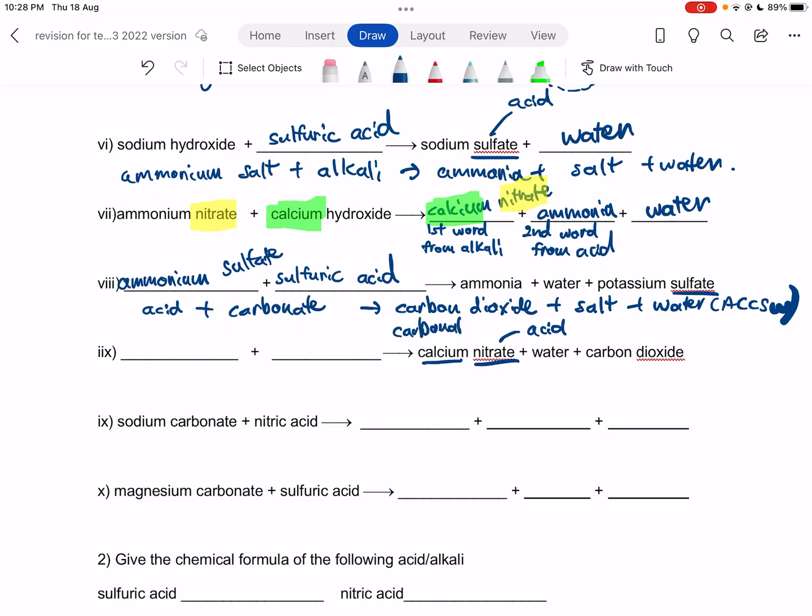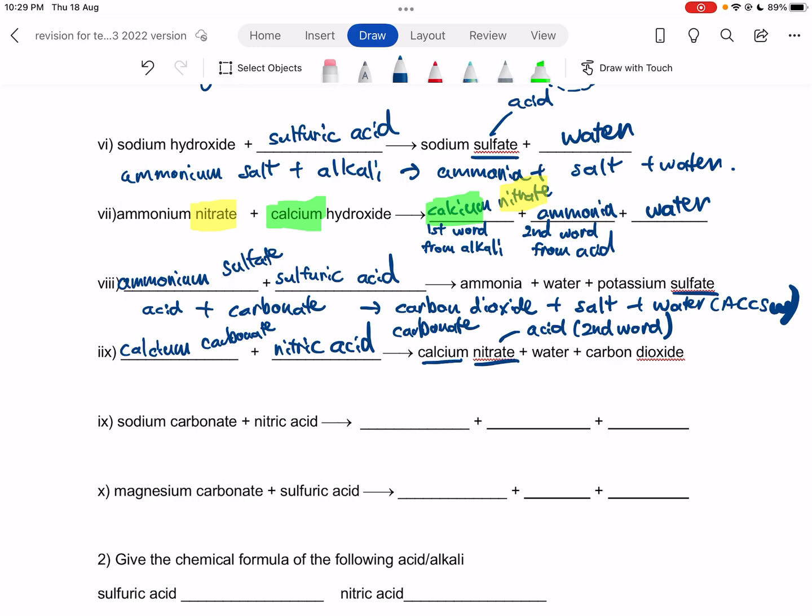Down here we have calcium nitrate, that means it's nitric acid, second word from acid. The second word always tells you about the acid, the first word always tells you about the carbonate, so we are getting calcium carbonate over here. Next, same thing.